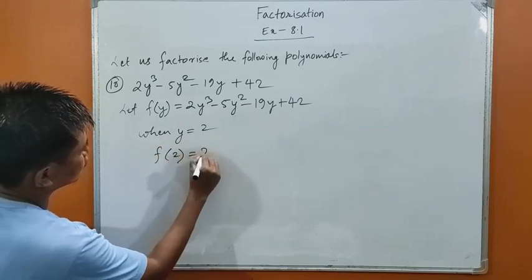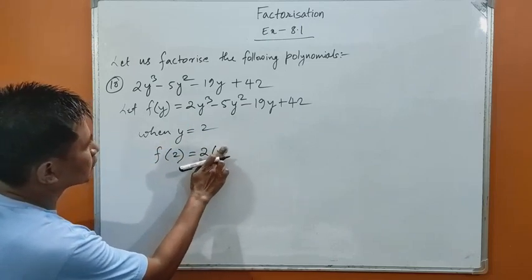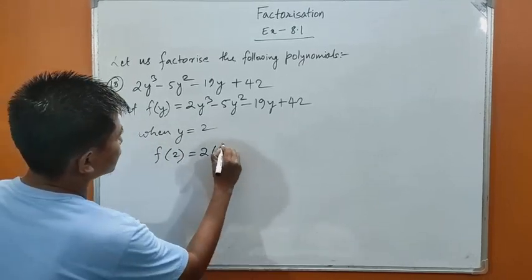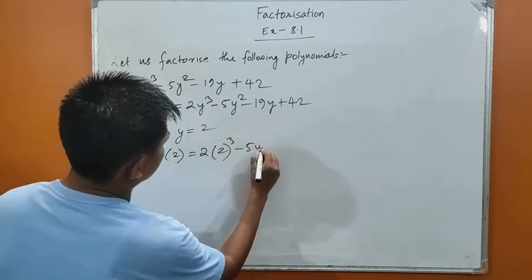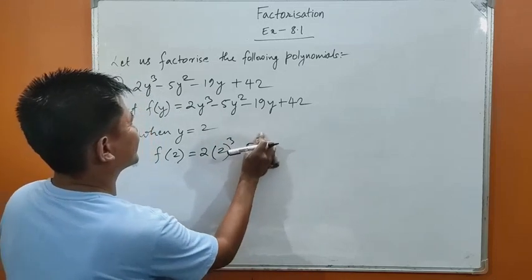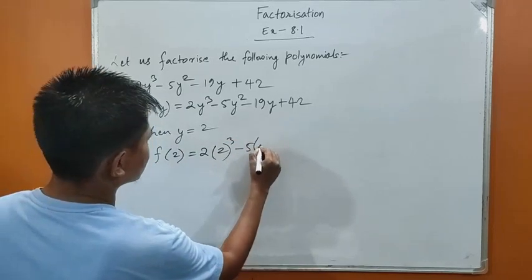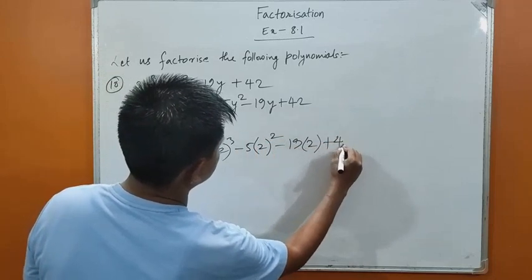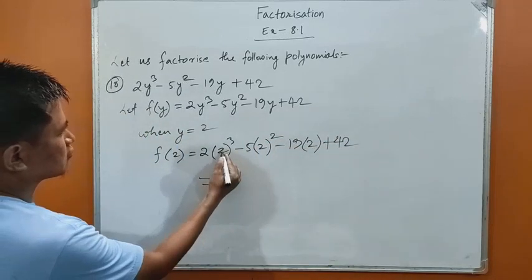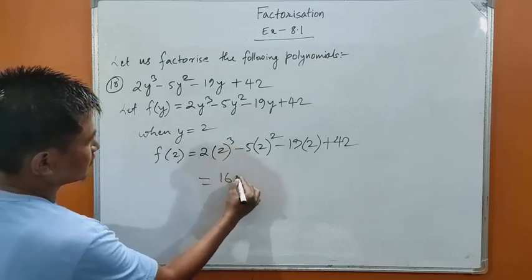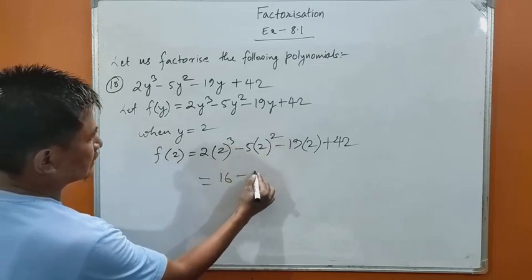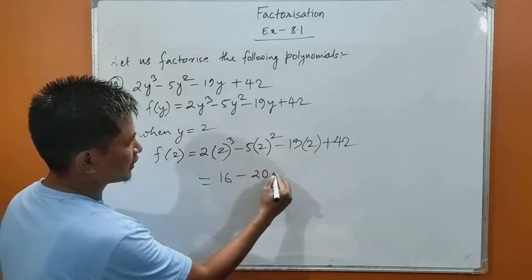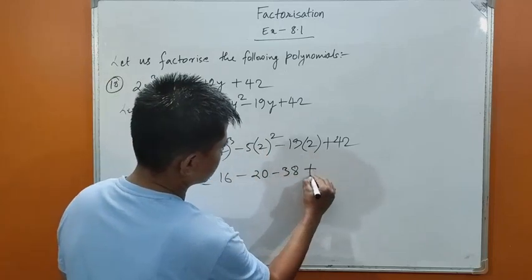F(2) will be equal to, instead of y I must write 2, isn't it? 2 cubed minus 5 into 2 squared minus 19 into 2 plus 42. Now 2 cubed is 8, 8 twos are 16. Minus 2 squared is 4, 4 fives are 20, so minus 20. And 19 twos are 38, minus 38 plus 42.